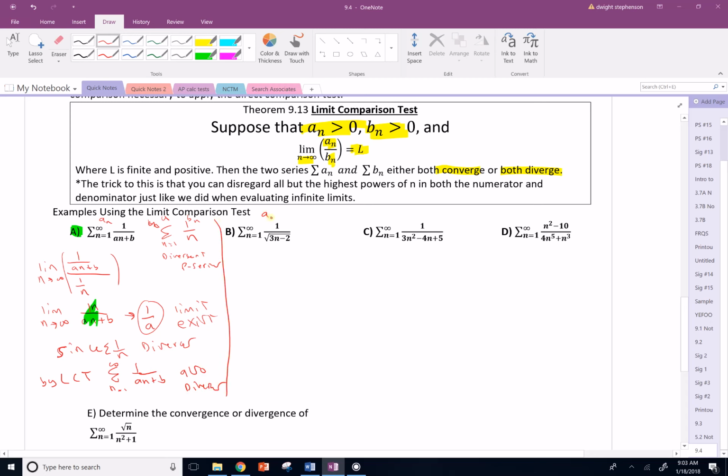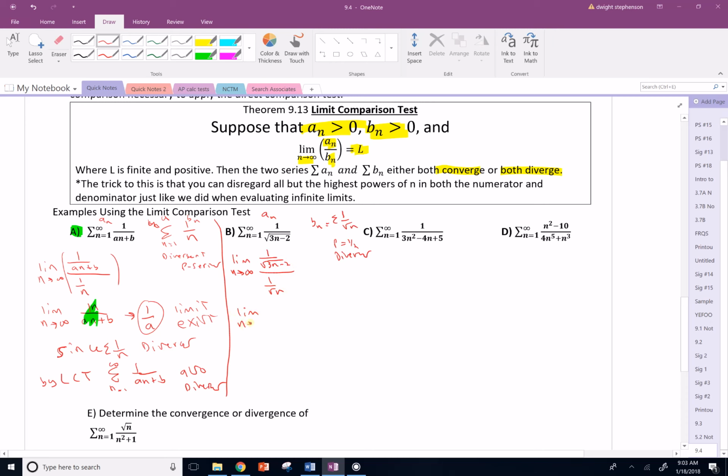Again, let's just call this a_n. We want to find some other b_n that's similar to that. It's probably just the series 1 over square root of n, which is a p-series with p equal to 1/2. It's n to the 1/2 power, which diverges. So we're going to do the limit as n goes to infinity of a_n divided by b_n.